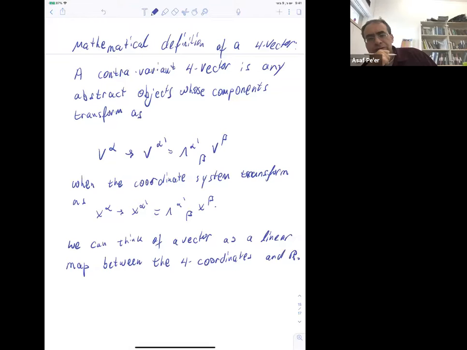The advantage of this way of thinking, which is extremely abstract, is that we can generalize it to the concept of tensors.